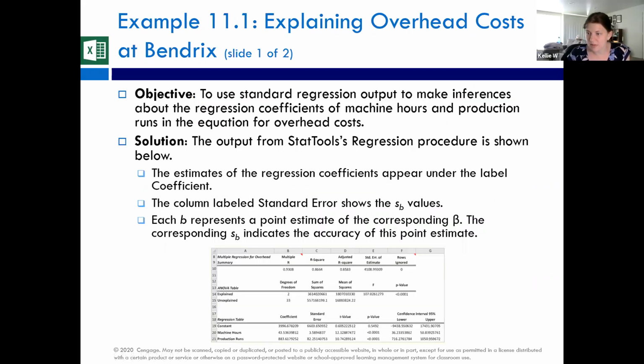Down here is our ANOVA table. Explained, unexplained, and they calculate out the sum of squares for the explained and unexplained and then the mean. Our F value is right here and our p-value is right here. This is a nice high F value and it's significant, so we can feel good about this equation.